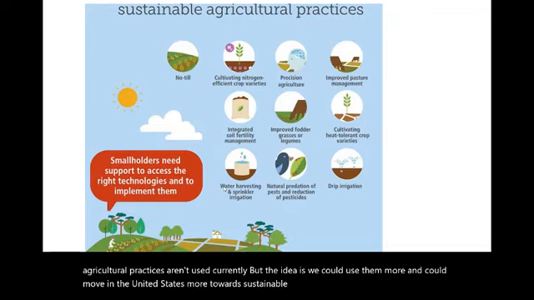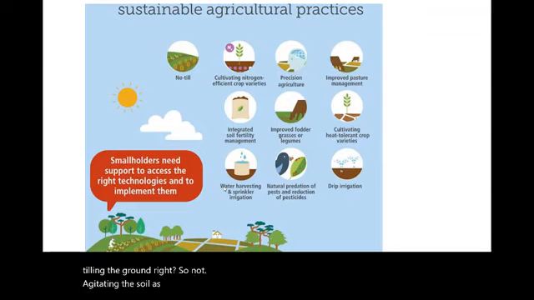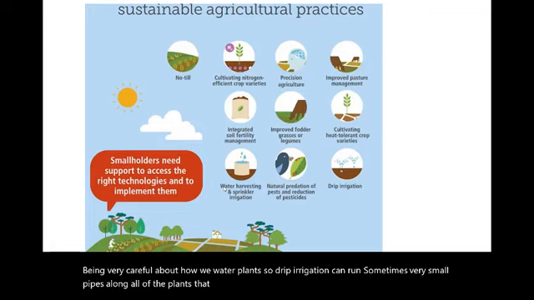One way is by not tilling the ground, so not agitating the soil as much, and definitely using less pesticides. Being very careful about how we water plants: drip irrigation can run very small pipes along all of the plants being grown and provide water just drip by drip, and that has been shown to be really successful.